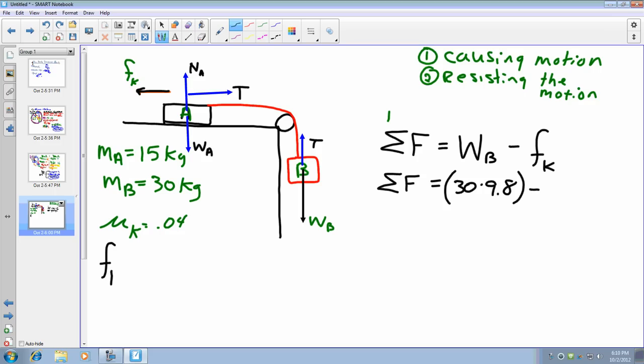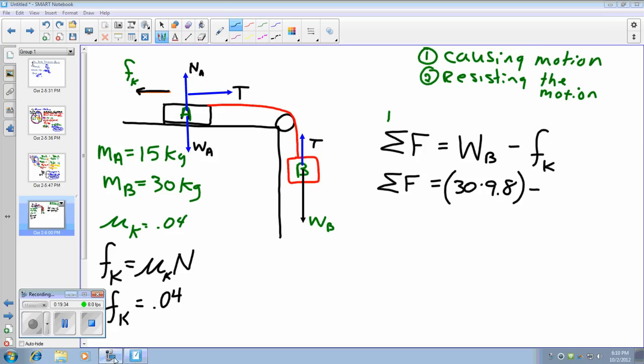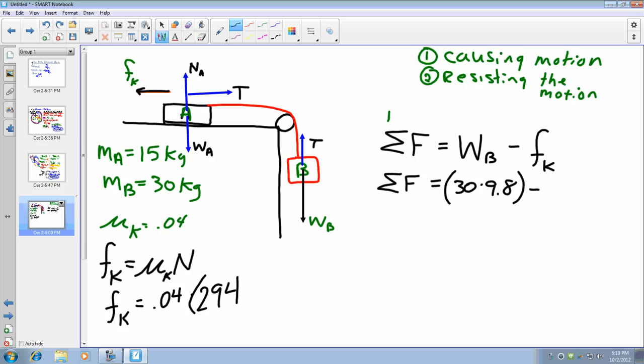Remember that the force of friction is equal to the coefficient of friction multiplied by the normal value, and that's going to be kinetic right now. The coefficient of friction is 0.04 multiplied by 294.